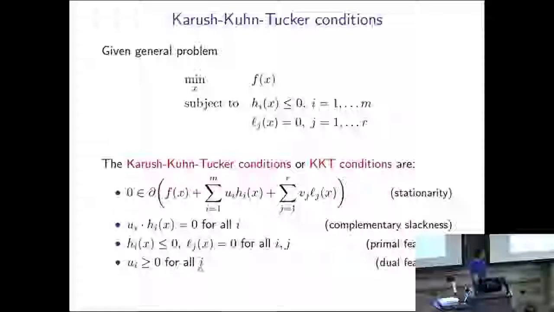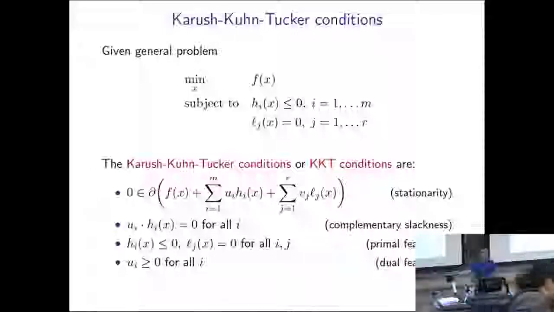And the last two conditions are called primal feasibility and dual feasibility. They're just very straightforward. The x that we're looking at has to satisfy the primal constraints, and the dual variables we're looking at have to satisfy the dual constraints. Well, that's just saying that u has to be bigger than or equal to 0 in all components. So we're going to think of these as a set of conditions, again, on x, u, v.